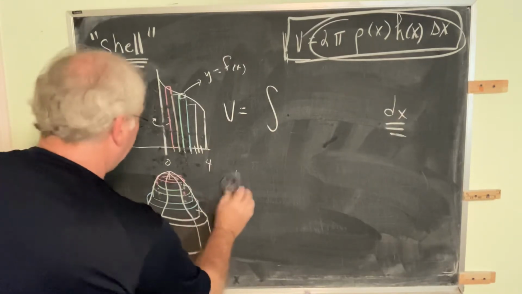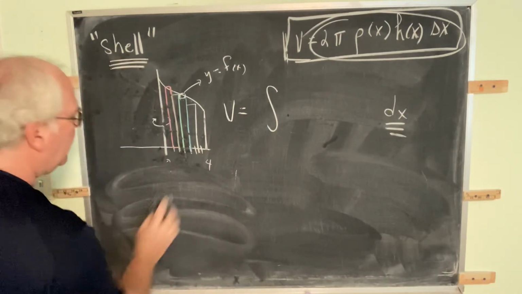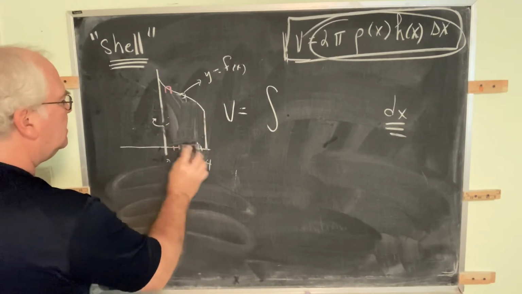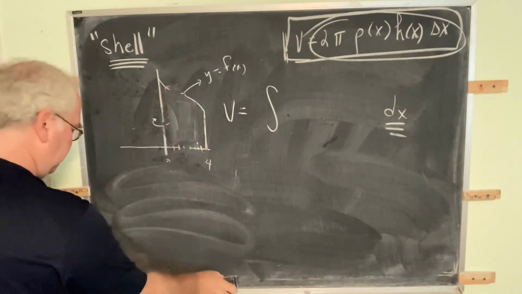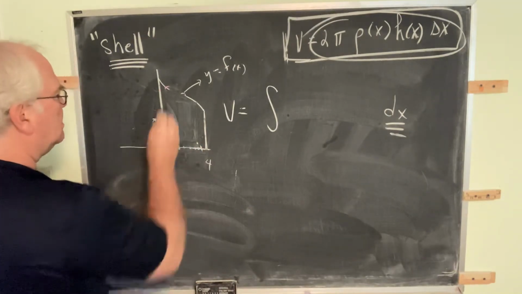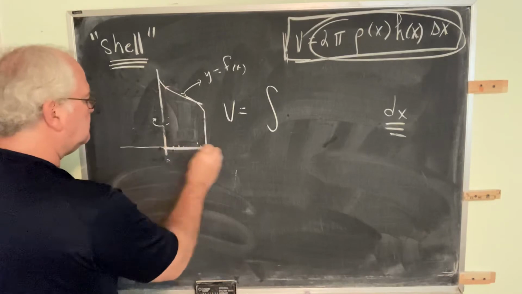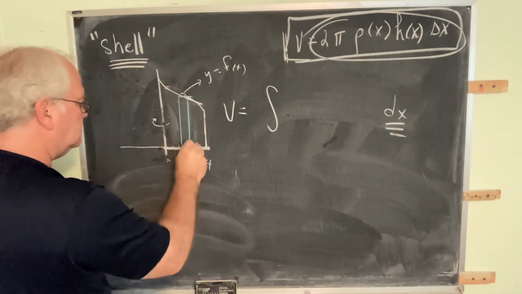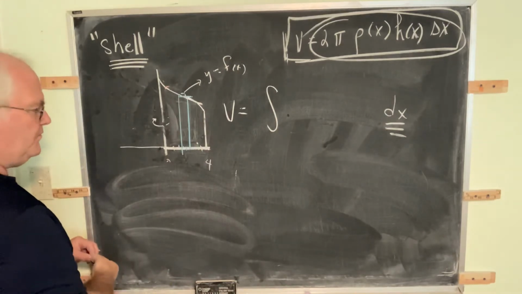So what we're going to do is I'm going to back up the picture here, and I'm going to go back and take just one of these. Let's take just the blue one. So here's my figure. Just the blue rectangle. All right.